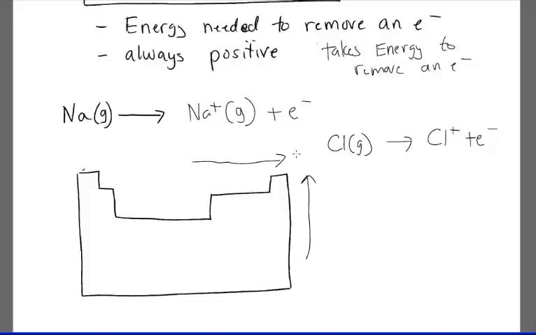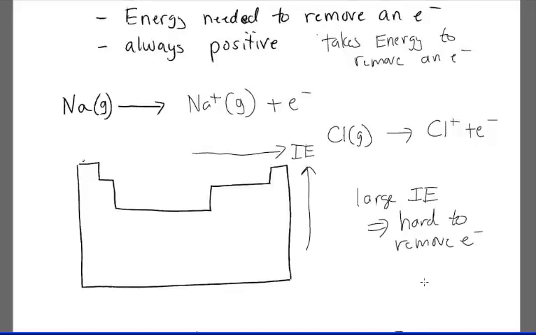Okay, so the ionization energy is large in this corner because it's hard to remove an electron. Large ionization energy means that it's hard to remove an electron. It takes lots of energy to remove the electron.